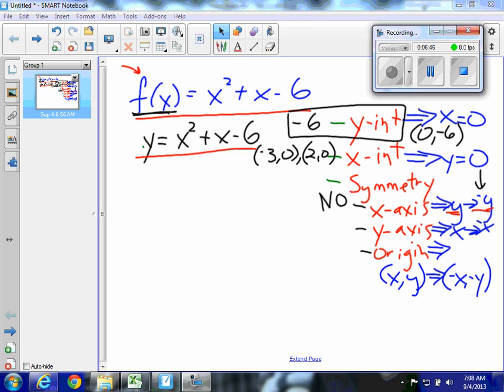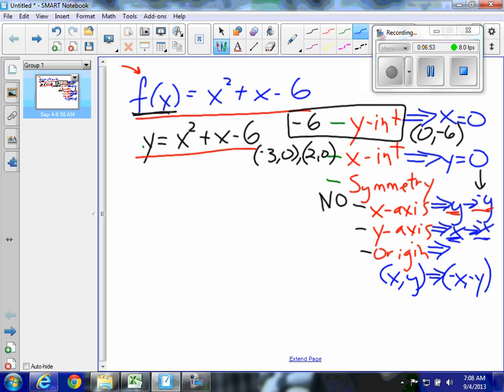How about y-axis symmetry? Well, for y-axis symmetry, I need to change my x's to negative x's. Okay, so let's write it down here. I have y equals negative x squared plus negative x minus 6.